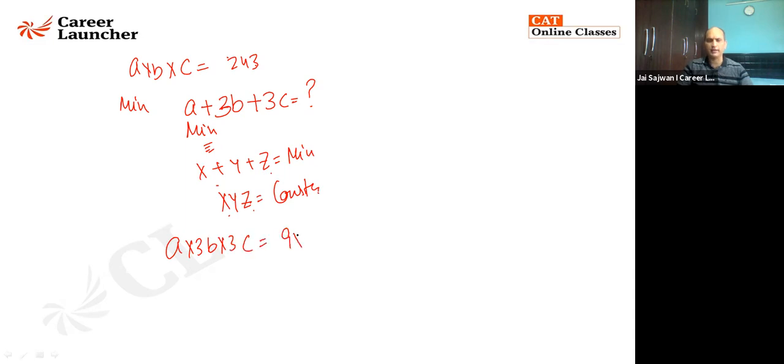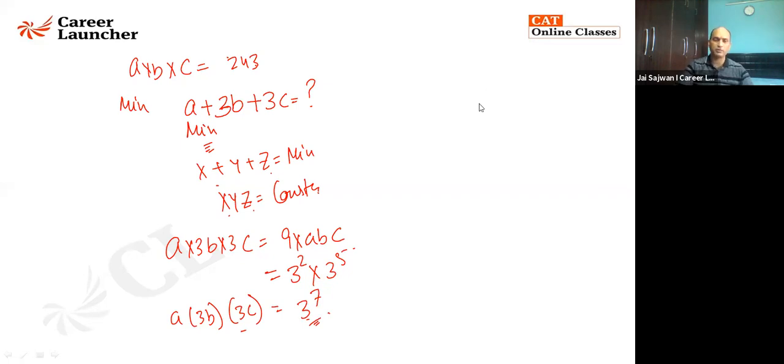I know it is 9 into abc. abc is 3 to the power of 5, that is 243, so that is 3 to the power 7. Okay, Suraj, please wait. So a into 3b into 3c is coming out to be 3 to the power of 7. Is it fine?